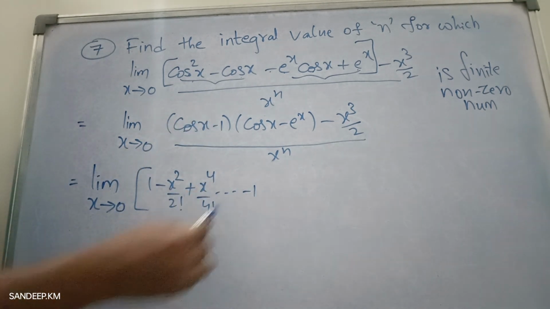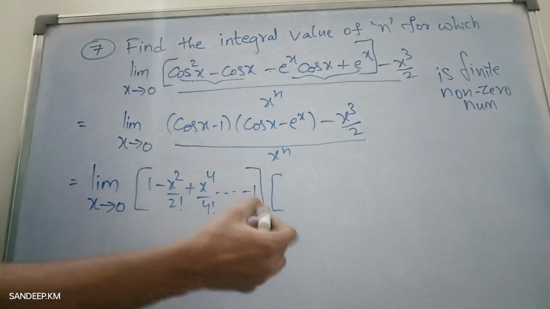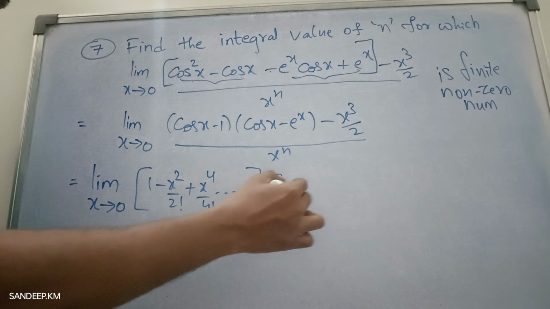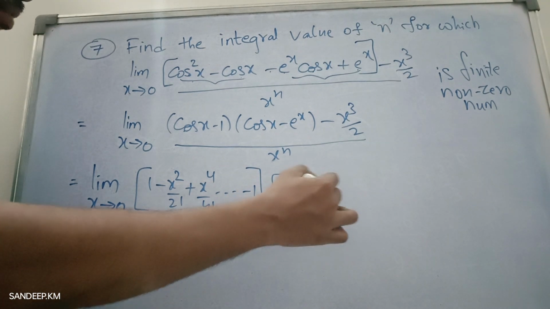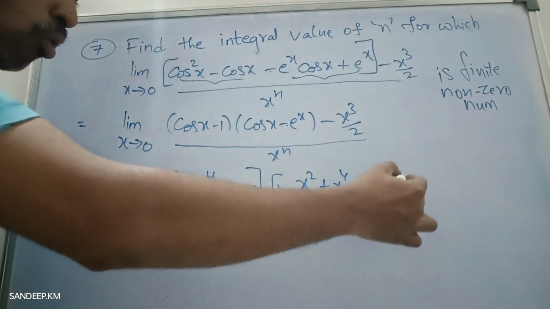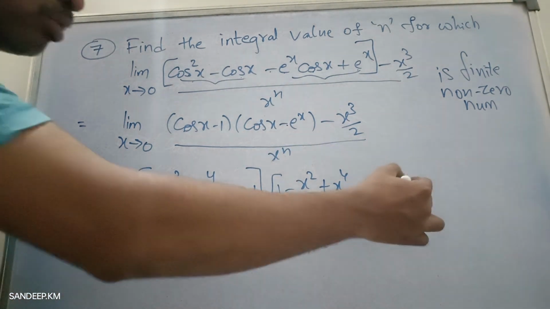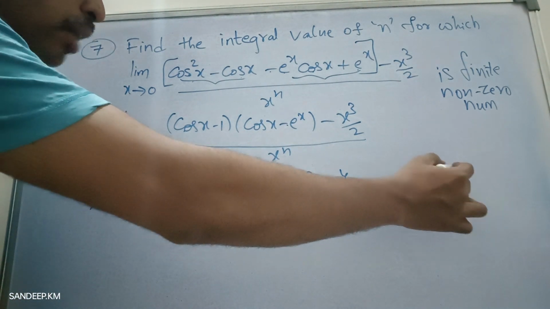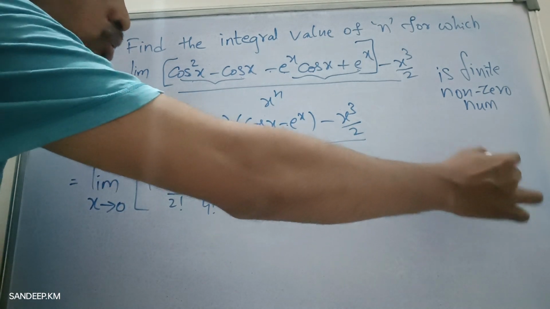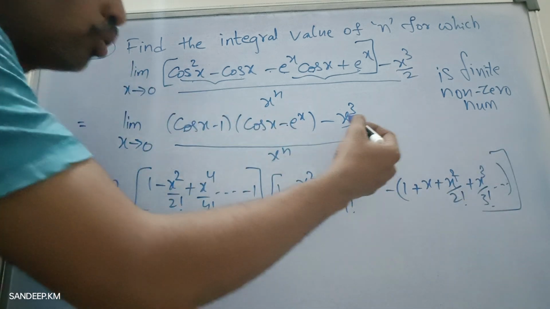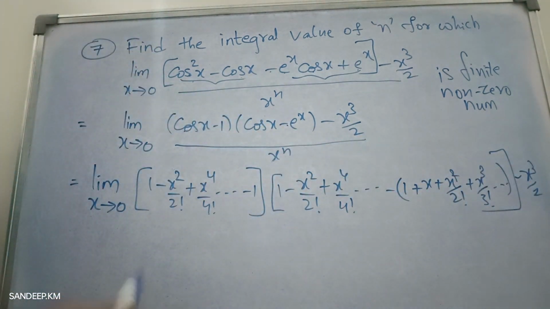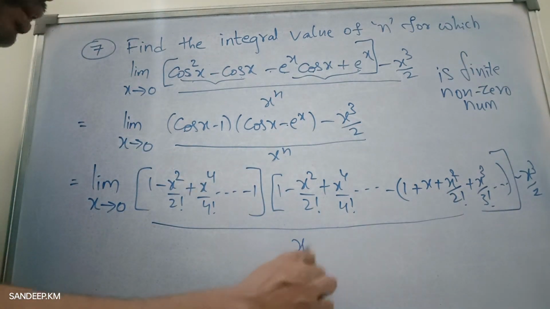Minus 1, don't forget that, into, again cos x expansion is 1 minus x square by 2 factorial plus x power 4 by 4 factorial, and so on, minus, open the bracket, e power x expansion is 1 plus x square by 2 factorial plus x cube by 3 factorial, and so on, close it, and then we do not forget minus x cube by 2 in the numerator, whole divided by x power n.